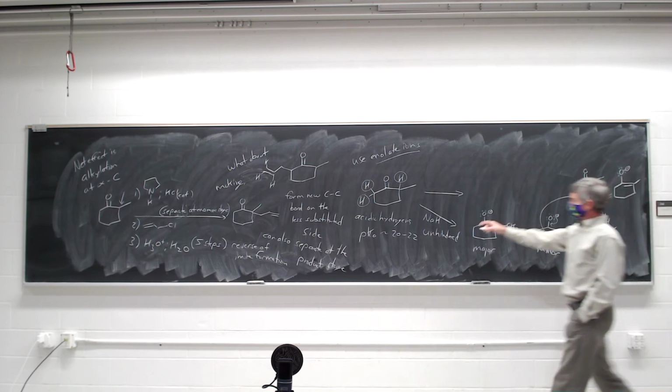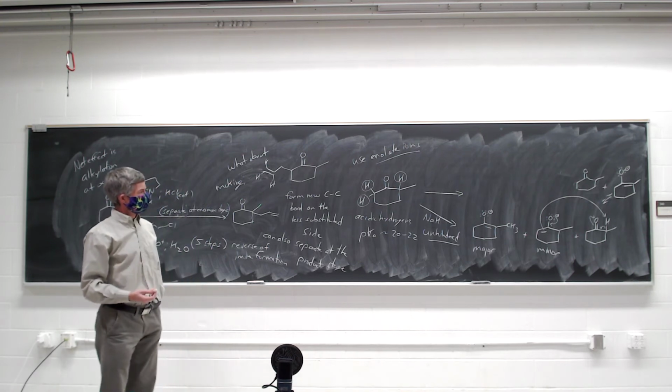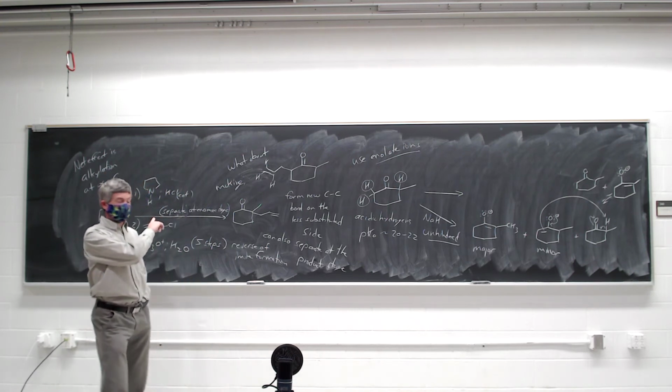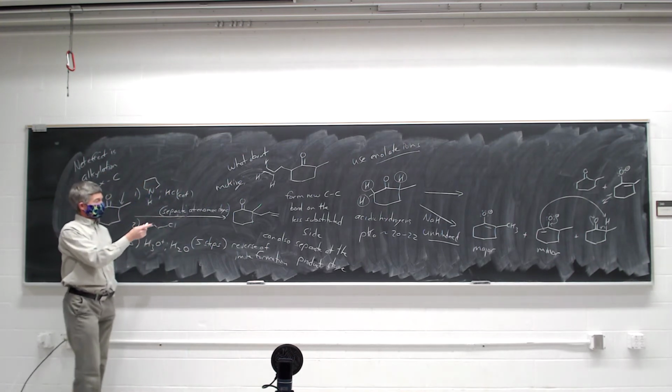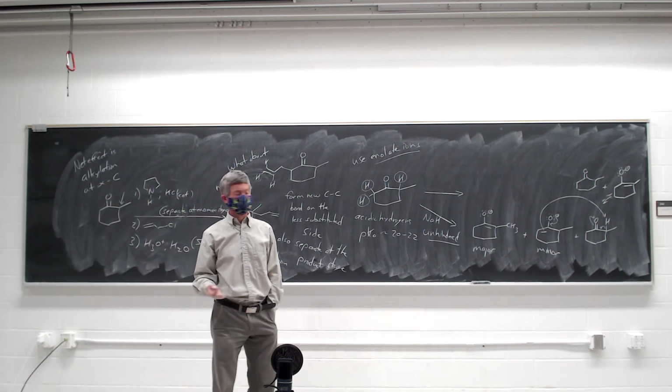So if we use an unhindered base or allow equilibrium to occur, we're going to get the same result we got for the enamine. We're going to get mostly the more substituted double bond.